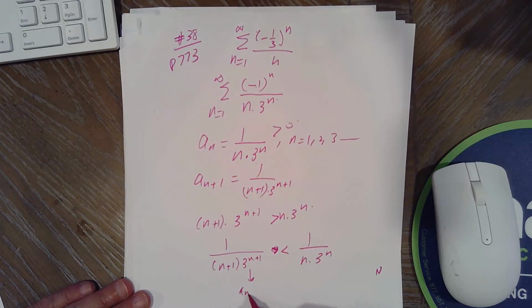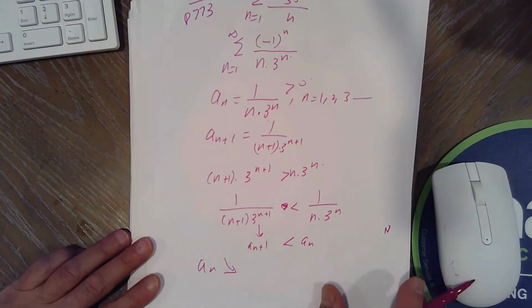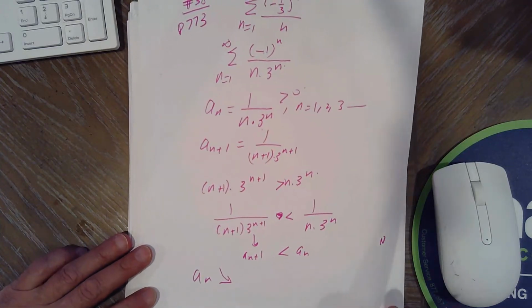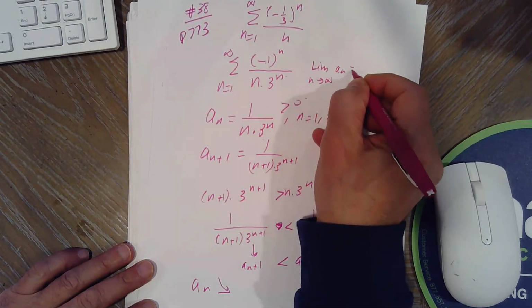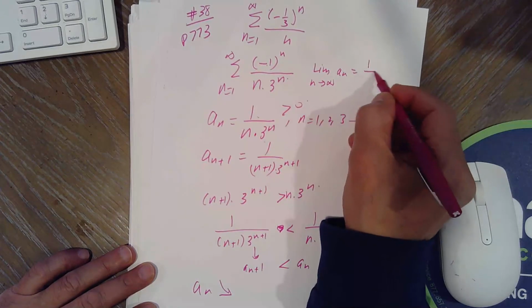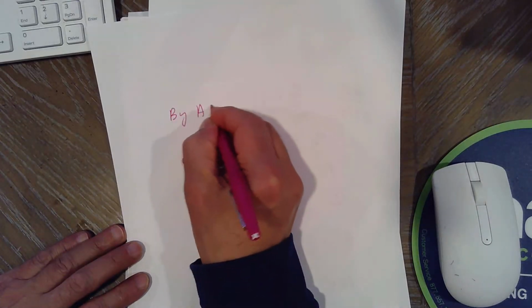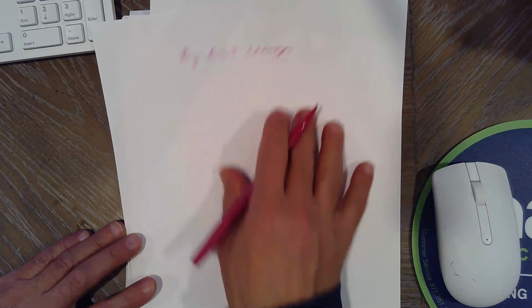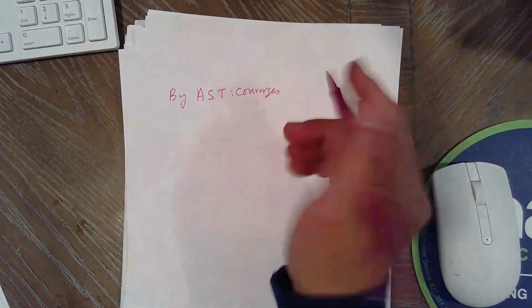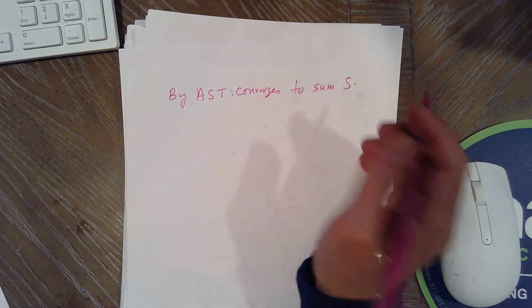So an plus 1 is less than an, so the sequence is decreasing. And the limit as n goes to infinity of an is 1 over infinity, which is 0. So by the alternating series test, it converges. Now, I don't know what it converges to, okay? To some s. We don't know that value s. That's the actual value that we don't know.